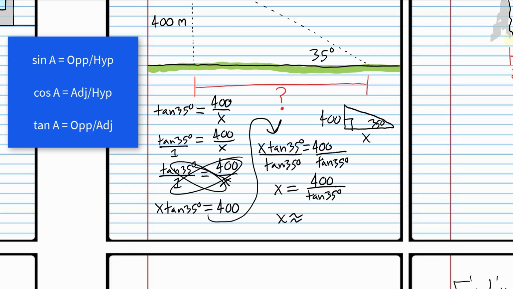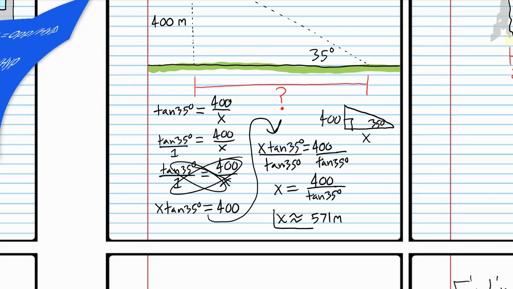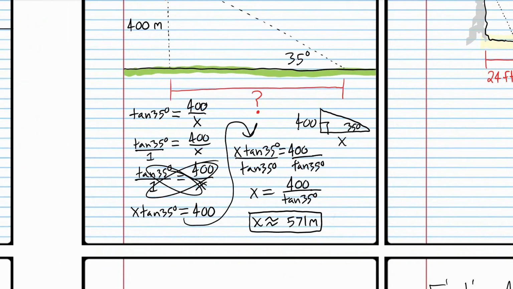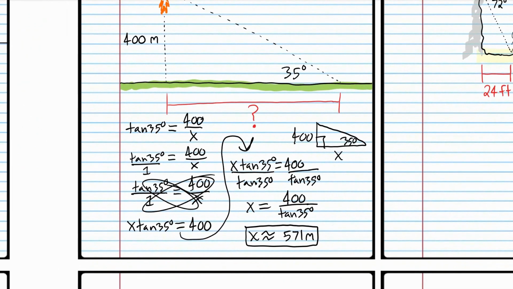Therefore, x is approximately equal to, and be very careful how you enter this into your calculator because there's a lot of room for error. 400, then the divided by button, then 35, then the tangent button, then equals. And we get 571 meters. Be sure to write your units, the meters there, or else the problem's not correct. So if you got 571 meters, good job.